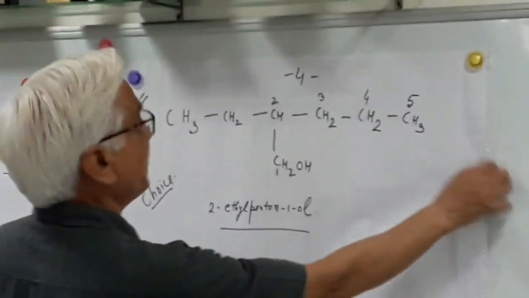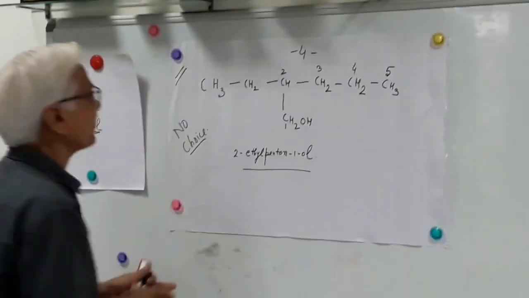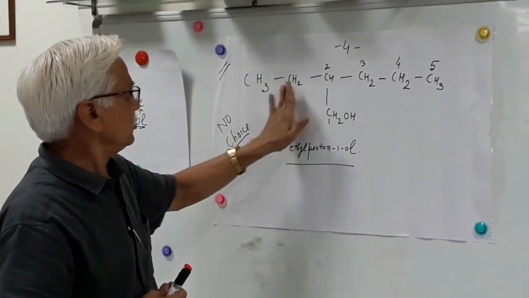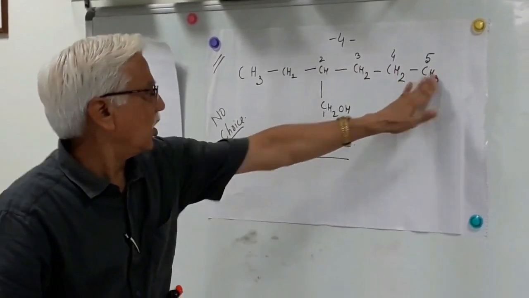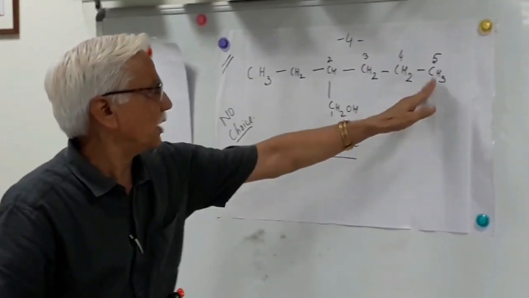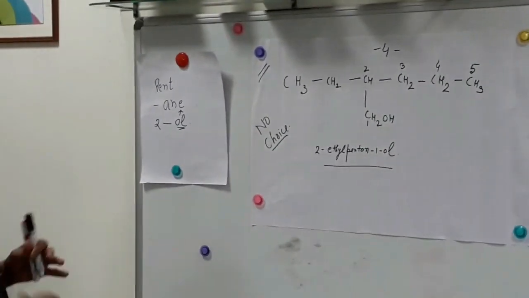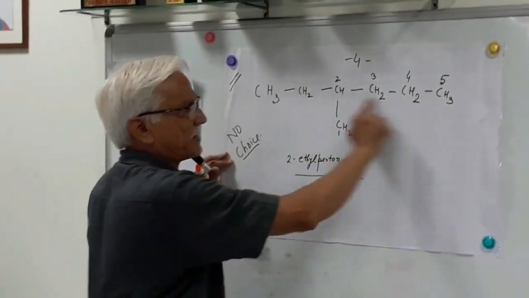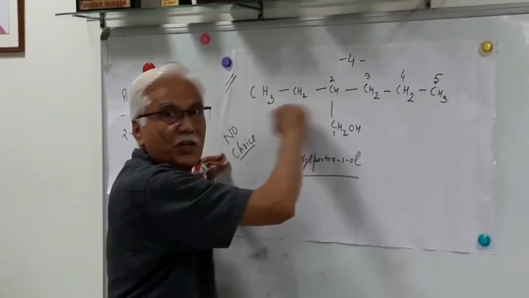This is another example of an alcohol group again. Here also the parent chain will be 1, 2, 3, 4, 5, 6 or 1, 2, 3, 4 and 5. Now, why have I not numbered it like this? Because the first rule says the longest chain.